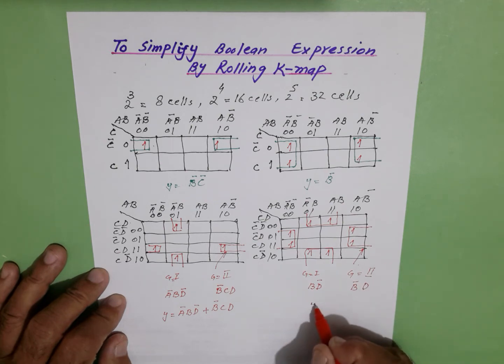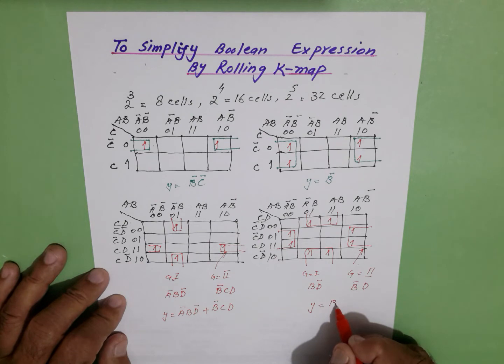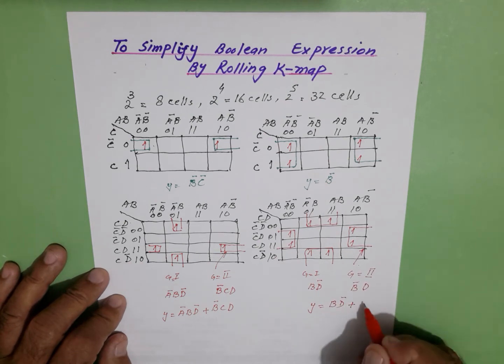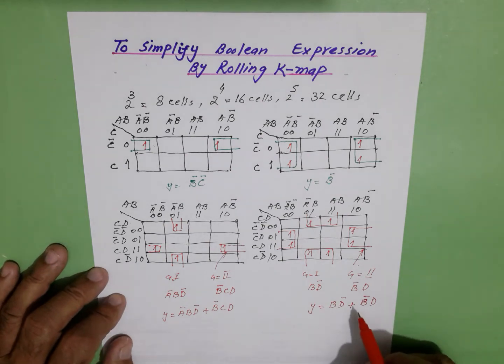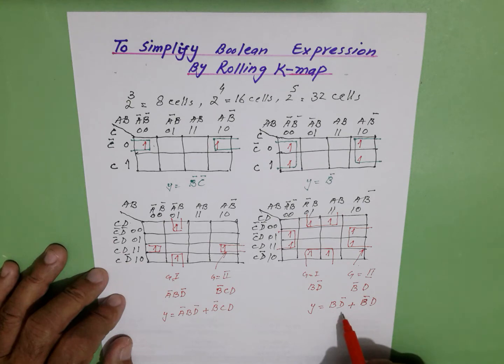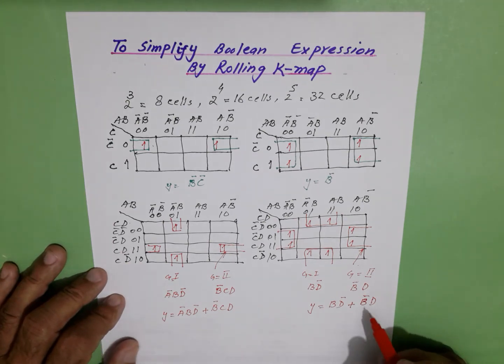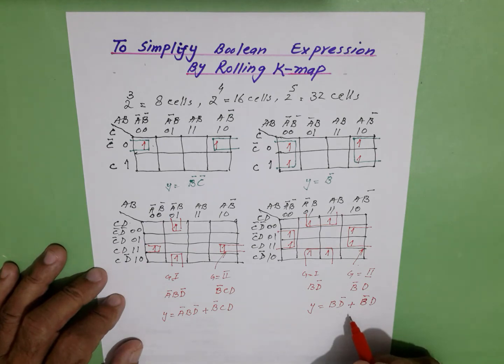Finally, we have the function, which for group 1 is B D bar plus B bar D. We need two inverters for B and D, then an AND gate 3, 4, and an OR gate 5, so 5 logic gates, and we have simplified.